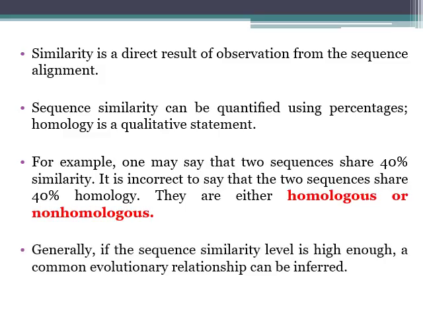Generally, if the sequence similarity level is high enough, a common evolutionary relationship can be inferred. So you compare two sequences, you find a higher level of sequence similarity, then you can say that the two sequences are homologous. If they are not sharing significant sequence similarity, let's say they are just 20% similar or 20% identical with each other, then we would say that they are non-homologous sequences.